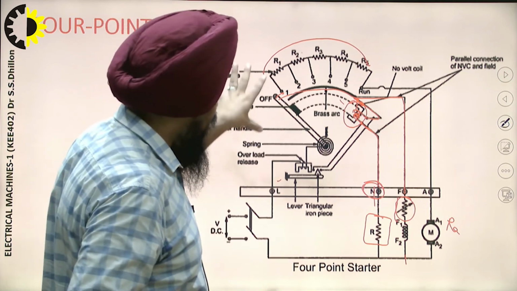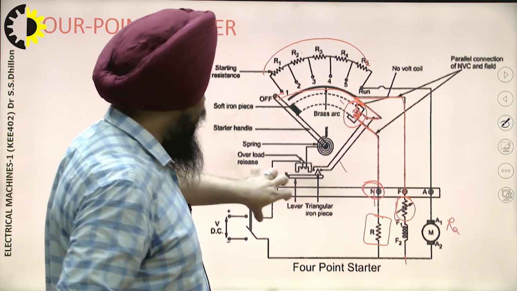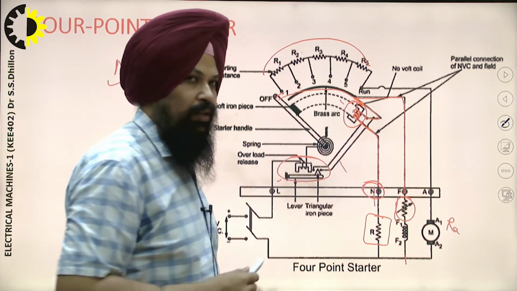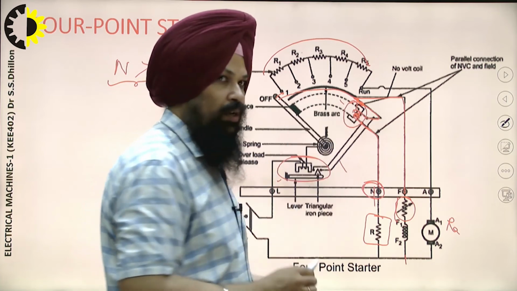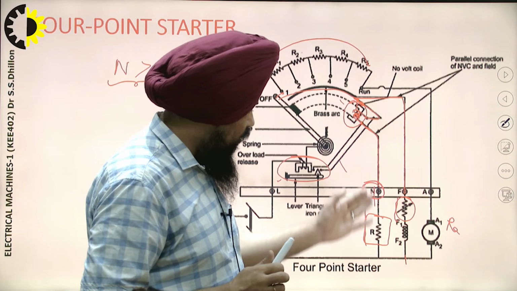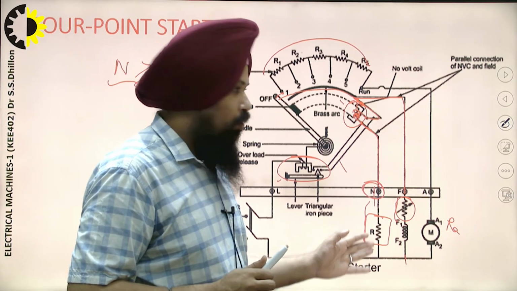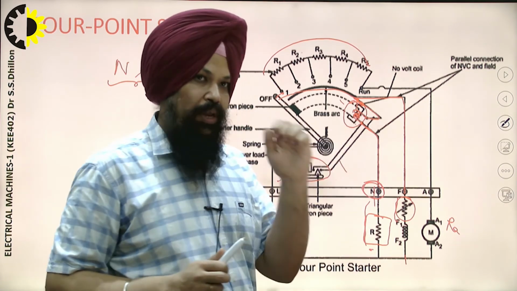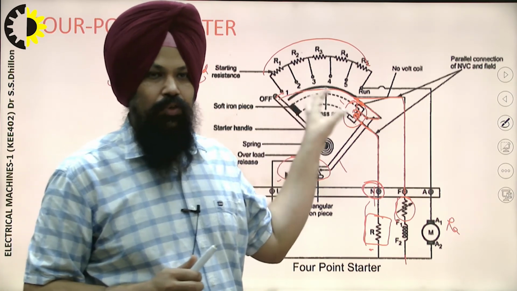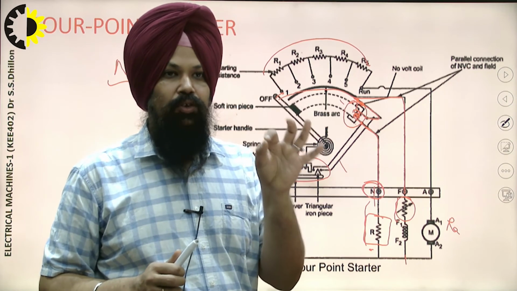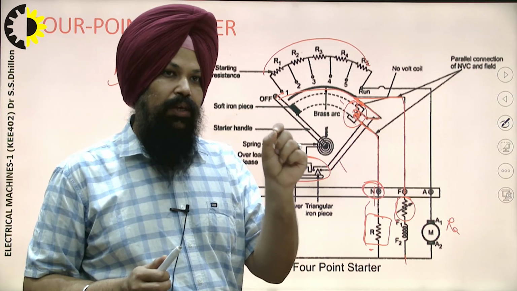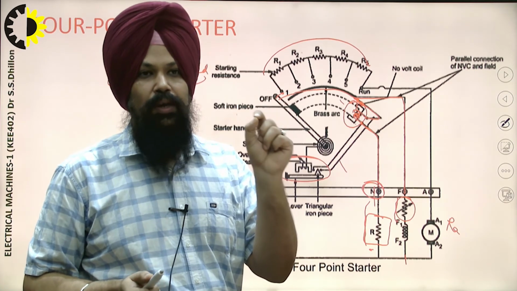That is the particular aspect, and the rest of the concept is the same. Again, the overload current release is there, the no voltage release is there, all the functions are the same, but we have added another branch in parallel with the resistance R so as to have the electromagnet energized in the on position, which was not possible in the case of the 3-point starter, because in the 3-point starter the field winding is connected in series with the no voltage release coil winding.